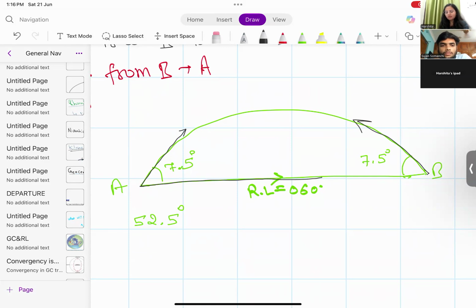See, this is a great circle, right? The curved line, this one. This is a great circle.